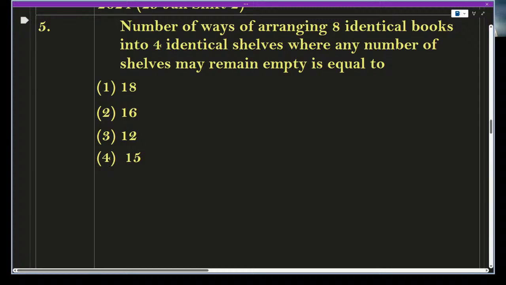Number of ways of arranging 8 identical books into 4 identical shelves where any number of shelves may remain empty is equal to what? This is another very good sum. Excellent problem. This sum I have done before. You think how to answer?